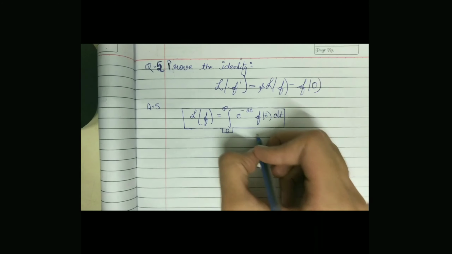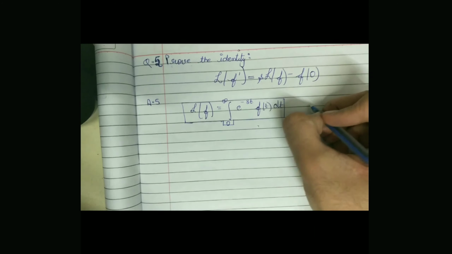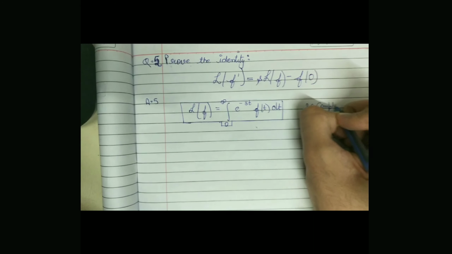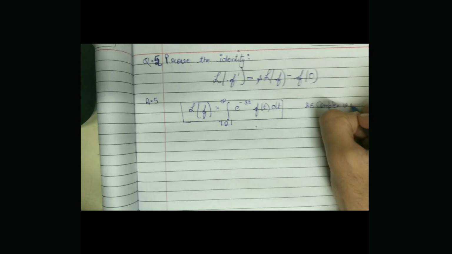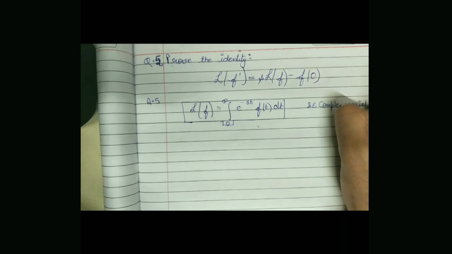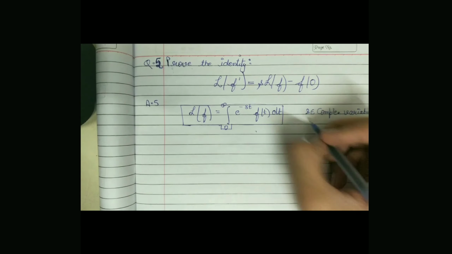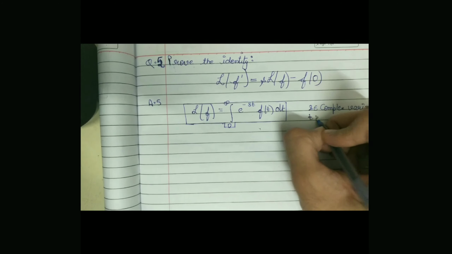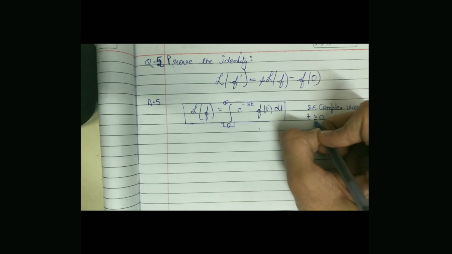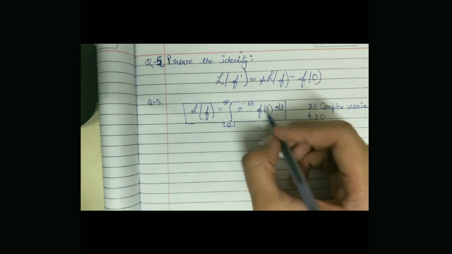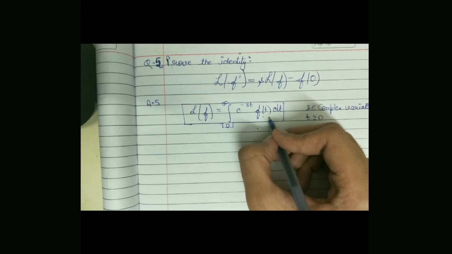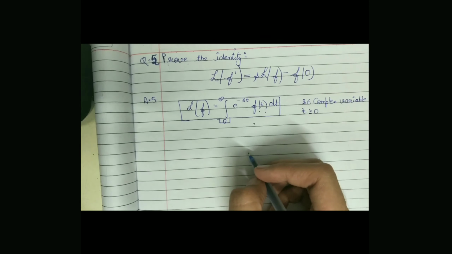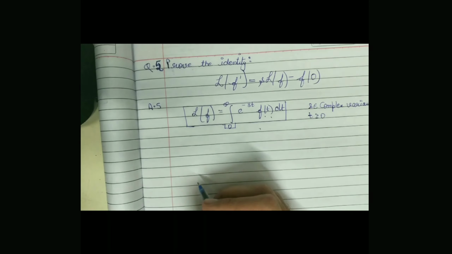In this definition, s is a complex variable, and t is also a variable with a value greater than or equal to 0, and f(t) is piecewise continuous.